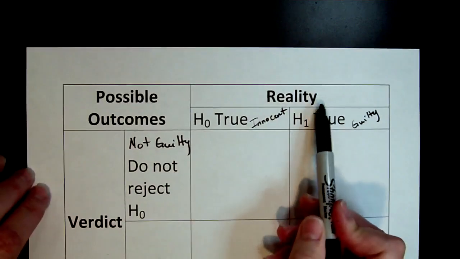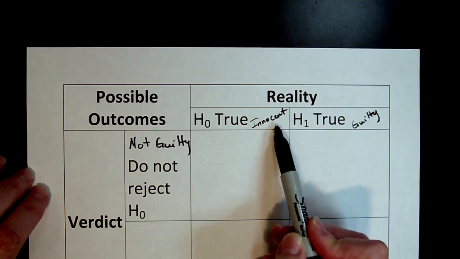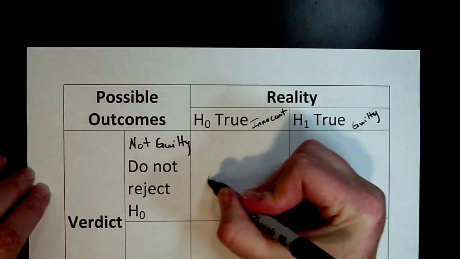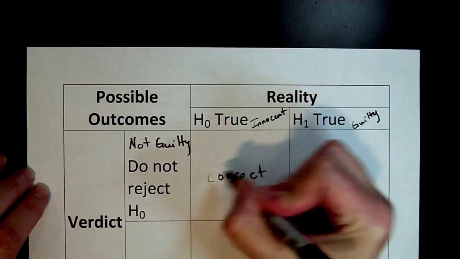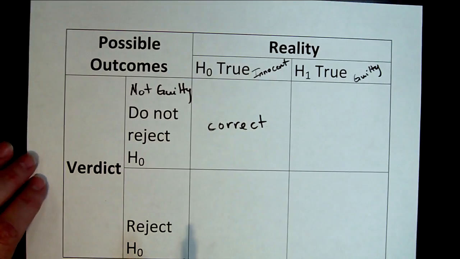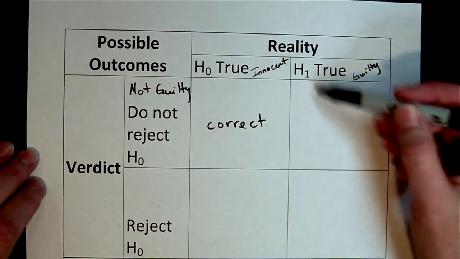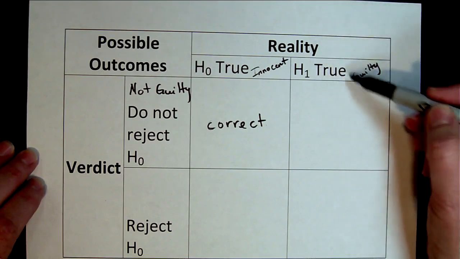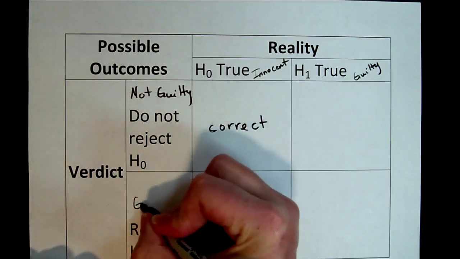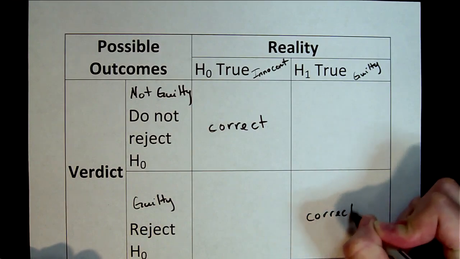If in reality it's actually true that the defendant is innocent and the jury says not guilty, then you've got a correct conclusion. The verdict or decision agrees with reality. Or if it's in fact true that in reality the defendant is guilty and the verdict is guilty, then again you have a correct decision.